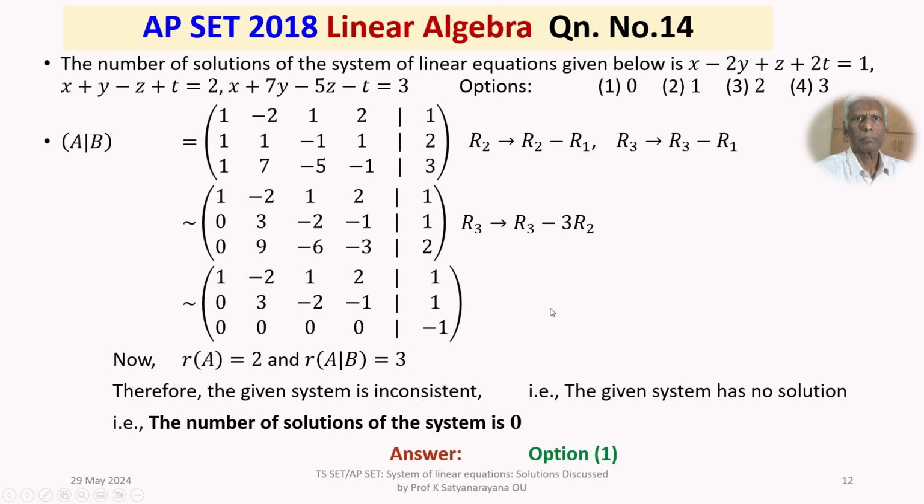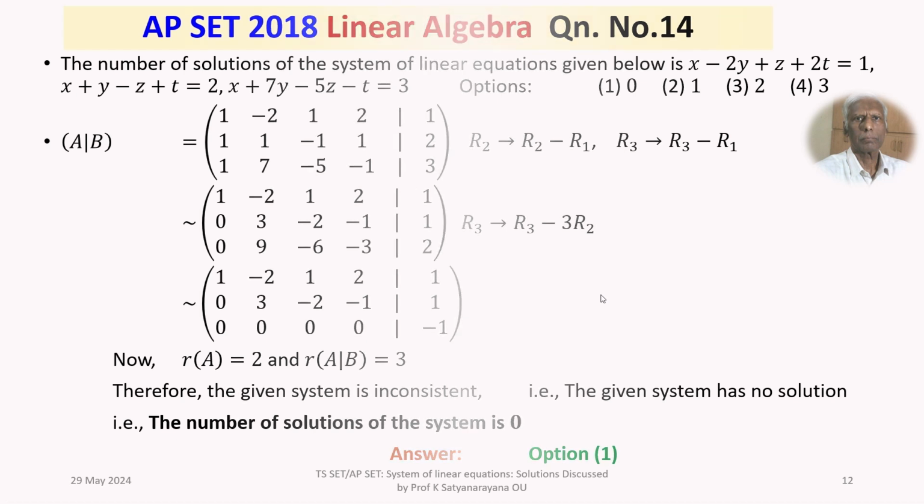Within 2 or 3 minutes you can do this one. Because I am explaining, I am taking much time. But in the exam, it will take roughly 2 minutes. So questions of this type are welcome for any set examination.